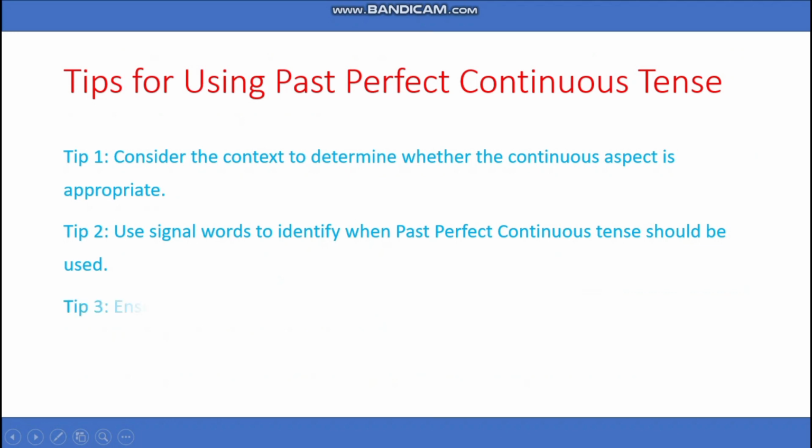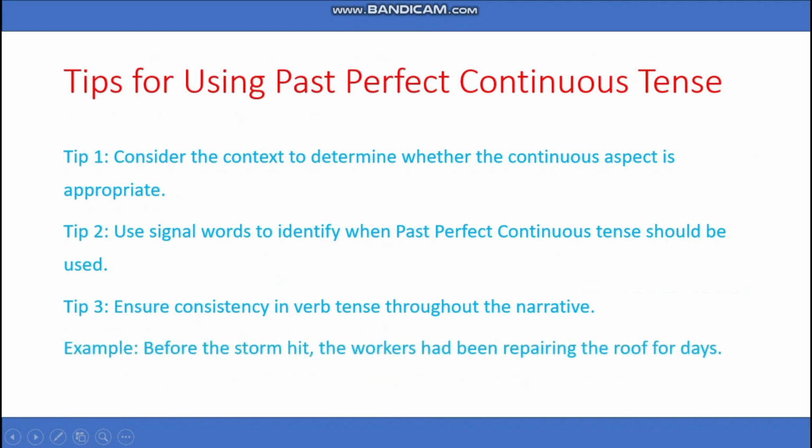Third, ensure consistency in verb tense throughout the narrative. Example: before the storm hit, the workers had been repairing the roof for days.